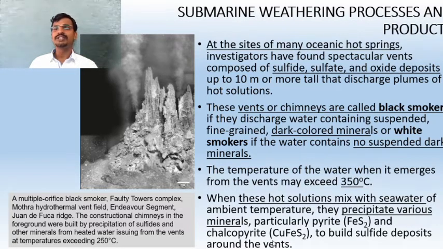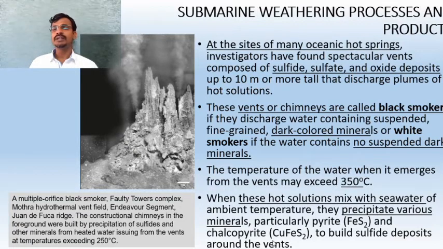These vents or chimneys are also known as black smokers if they discharge water containing suspended fine-grained dark colored minerals, or else they are called white smokers if the water contains no suspended dark minerals. If dark minerals are present, then we call it a black smoker, or else we call it a white smoker.